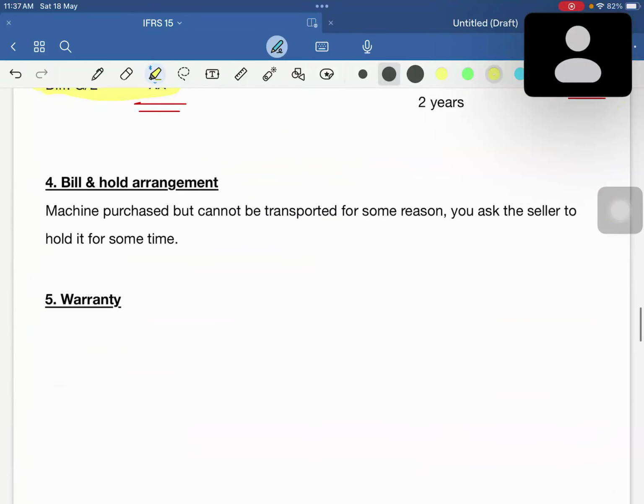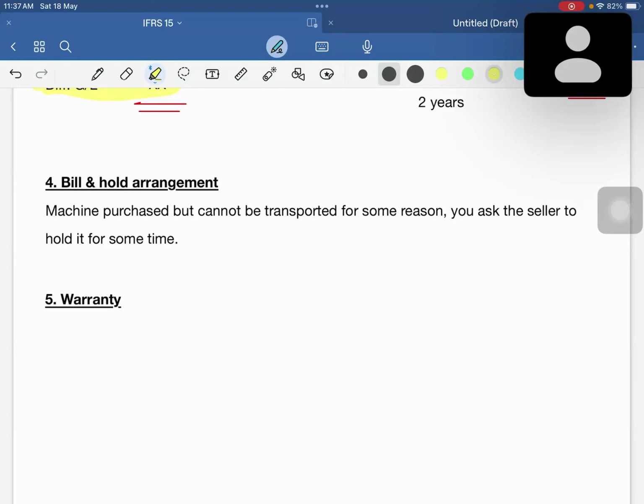Now, the next one is the bill and hold arrangement. In a bill and hold arrangement, maybe the customer purchased something from the company, but for some reason you're not able to transfer the goods or services to the customer. The customer says, do one thing, don't deliver the goods now, maybe deliver it 3 months later.